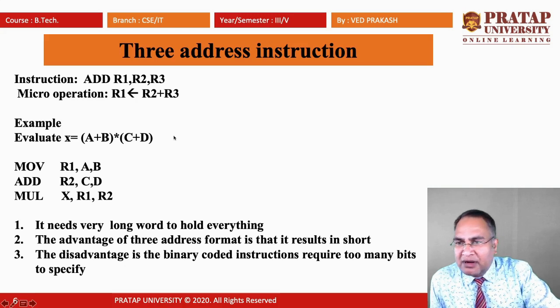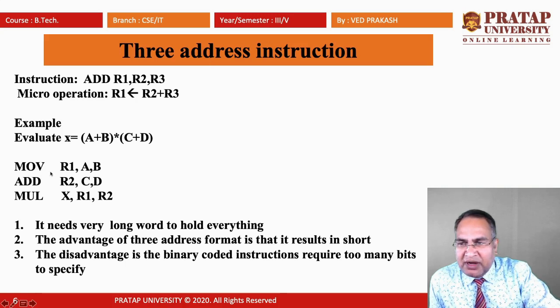Now, another familiar example of the three address instruction format is here. We take an expression X equals A plus B multiply C plus D. To perform this expression, we have to use the three address instruction format.